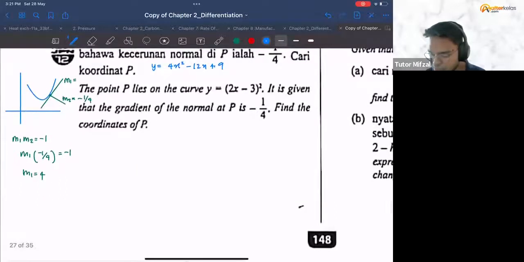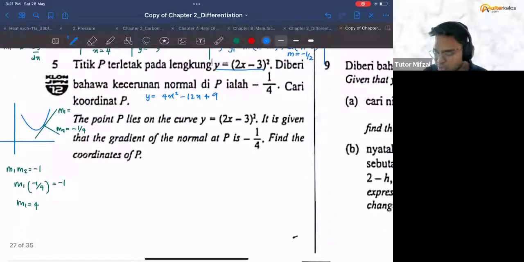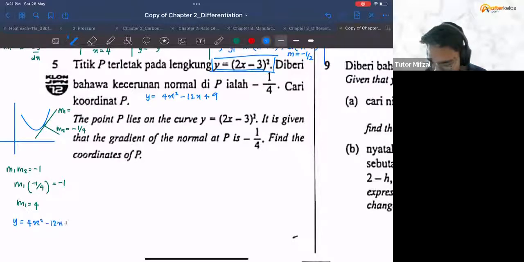So apa yang I boleh buat sekarang ni is I do dy dx for this equation. So y equivalent to 4x squared minus 12x plus 9. Once I do dy dx, I should get 8x minus 12. Okay.